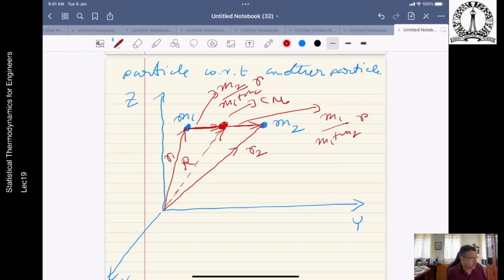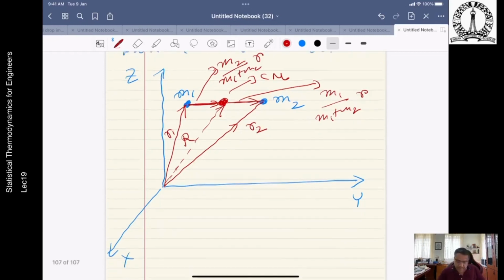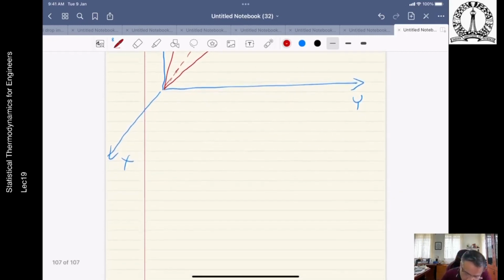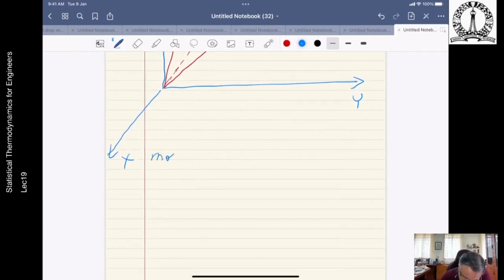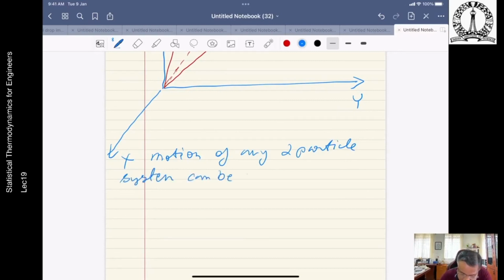So the motion of any two particle system can be described by the CM, nothing but the center of mass.